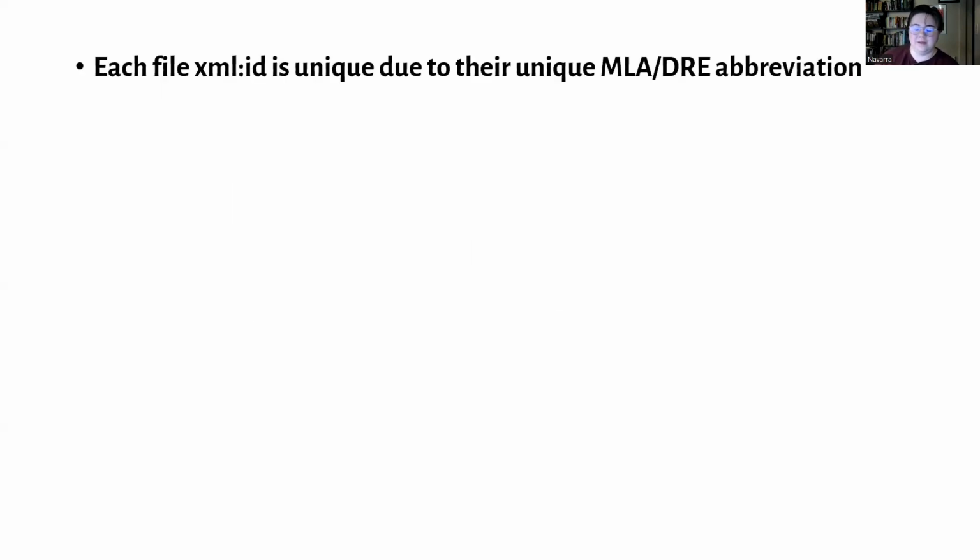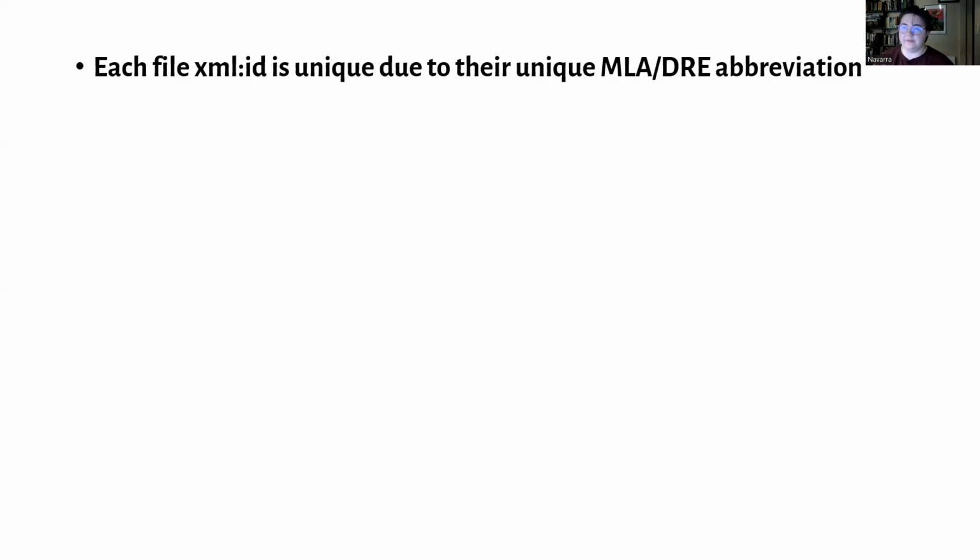So when we're looking at this, we know that each file XML ID is going to be unique because we're using a unique MLA or DRE abbreviation for that play. There are not two plays that have the abbreviation ado. That's just Much Ado About Nothing. There's only one play with the abbreviation FV, Famous Victories of Henry V, and so on.